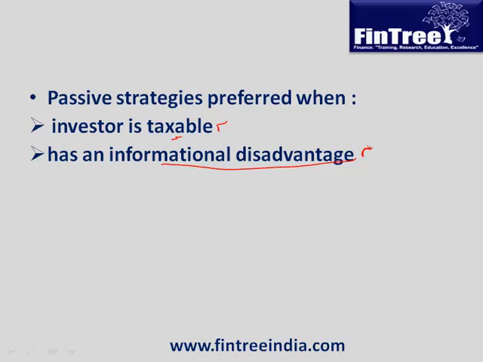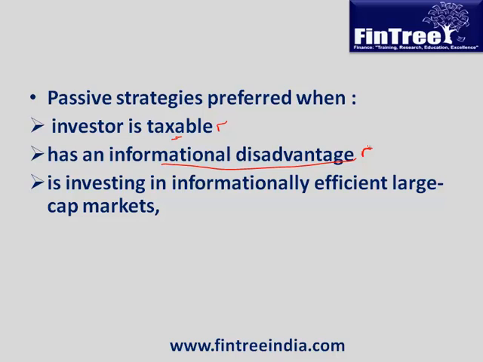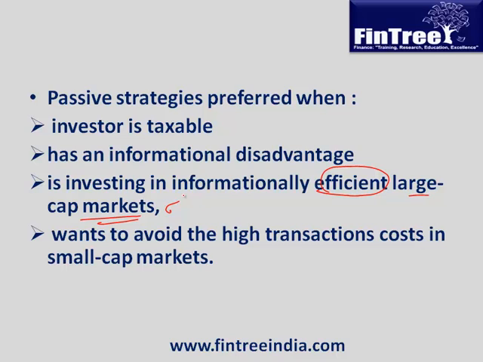Active is used, oh no, not inside information. He doesn't have access to information for some reason, and then there is no usage of active strategy in this case. Is investing in informationally efficient large cap markets. Wants to avoid high transaction cost in small cap markets.